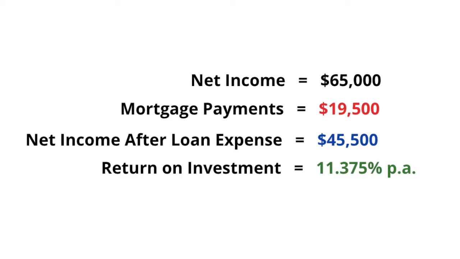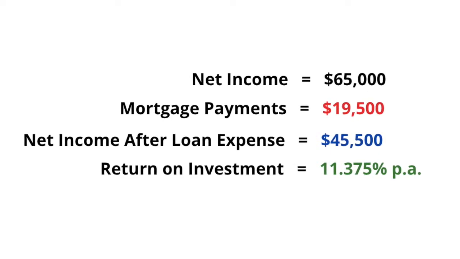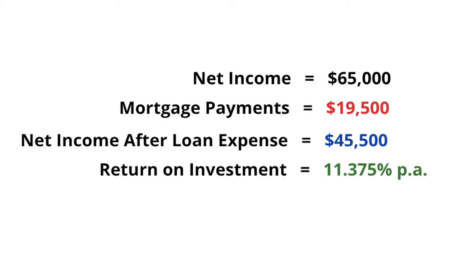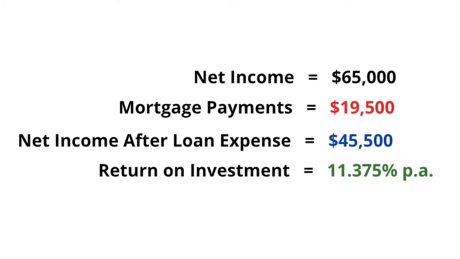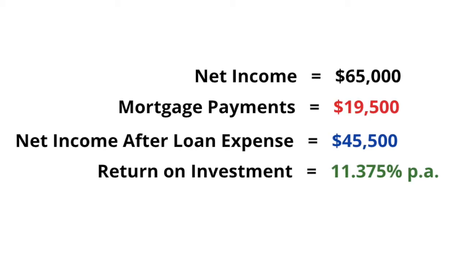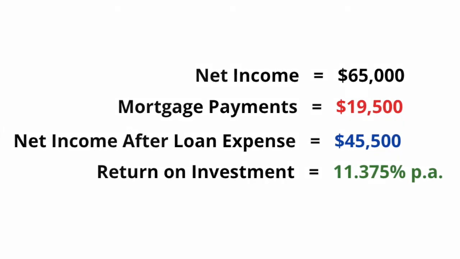So we minus that off our $65,000 income, which gives us a net income after loan expense of $45,500. Now we take that $45,500, divide it by the $400,000 that we put in, and it gives us a return on investment of 11.375% per annum, which is a pretty amazing return.